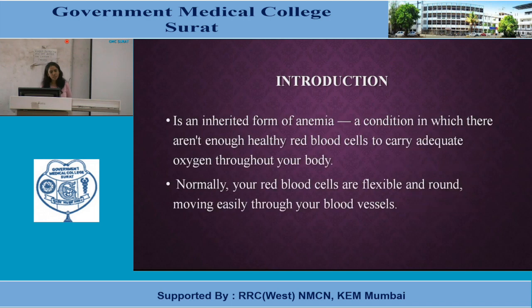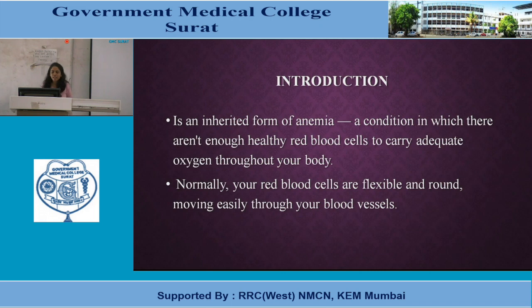Just a basic introduction. It is an inherited form of anemia, a condition in which there aren't enough healthy red blood cells to carry adequate oxygen throughout your body. That means the healthy red blood cells are inadequate. So abnormal red blood cells are there, which are sickle shaped, and that's why it's called sickle cell anemia.